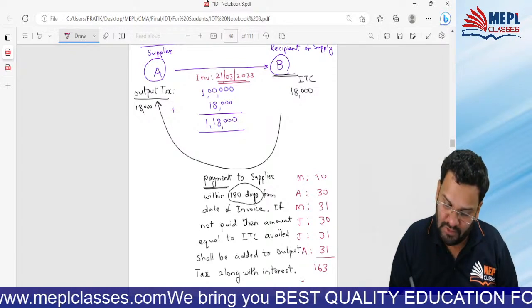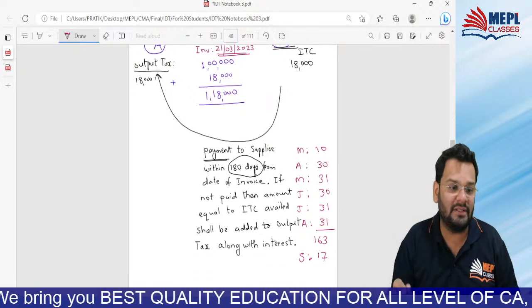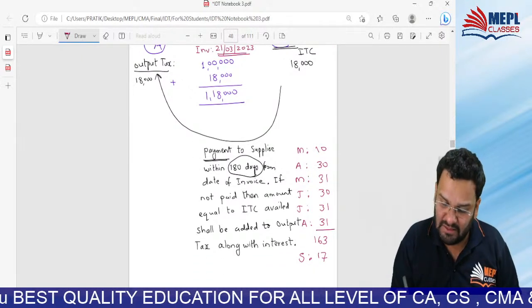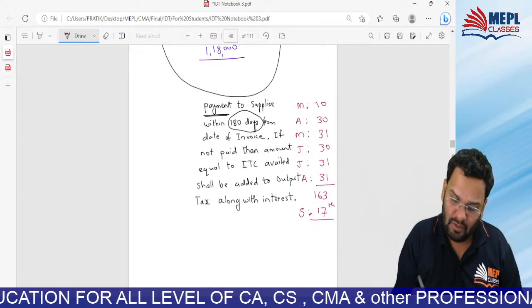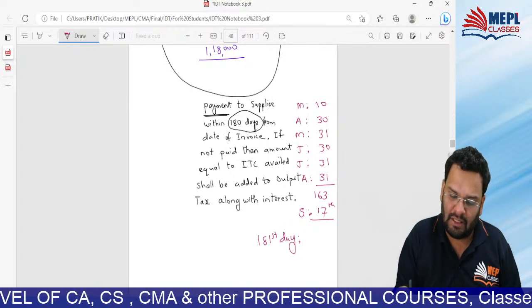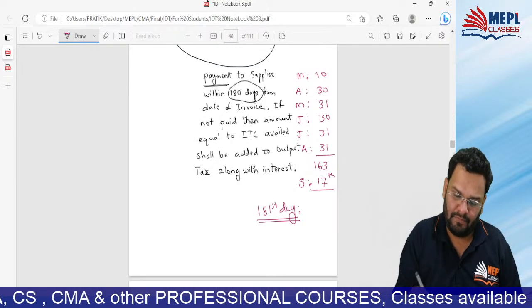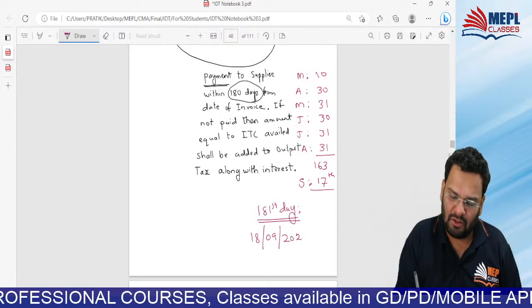So on September 17th, do you agree? On September 17th, 180 days will be done. So the 181st day will be 18th September. Do you agree? It will be 18th September 2023.